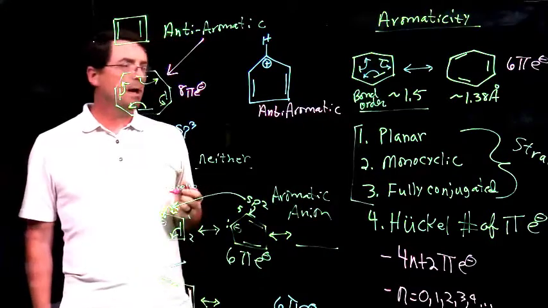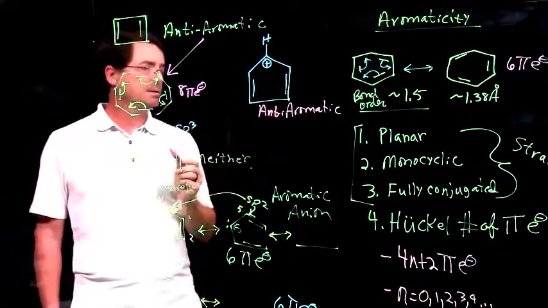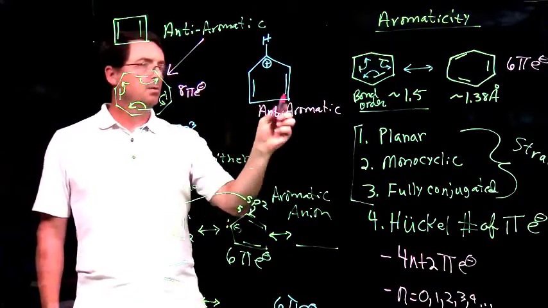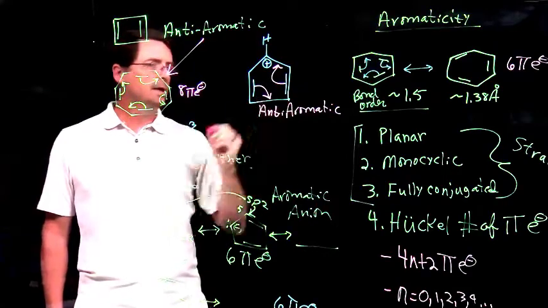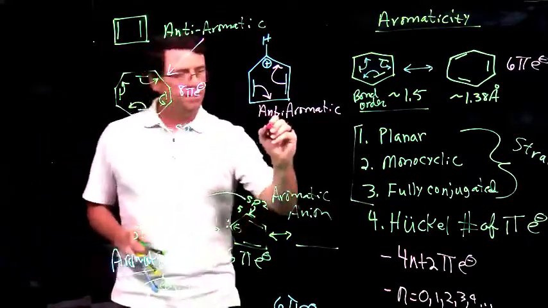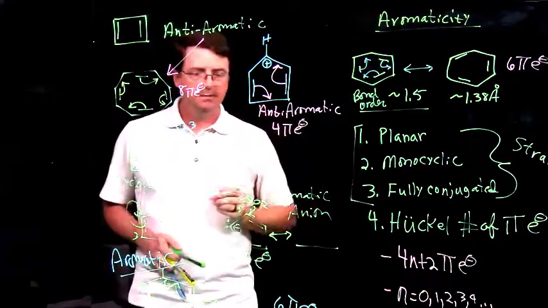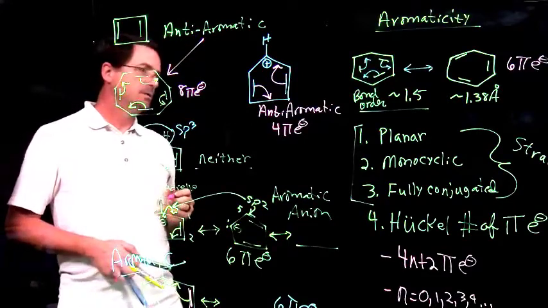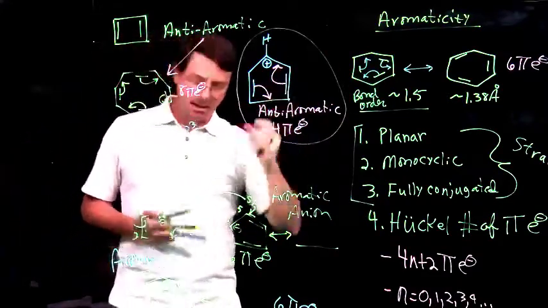Because if we consider the hypothetical planar, all the atoms are sp2 hybridized, it's monocyclic, it would be fully conjugated. I can push the arrows like this. But it would have 4 pi electrons. That's an anti-Huckel number, and so this is an anti-aromatic cation.